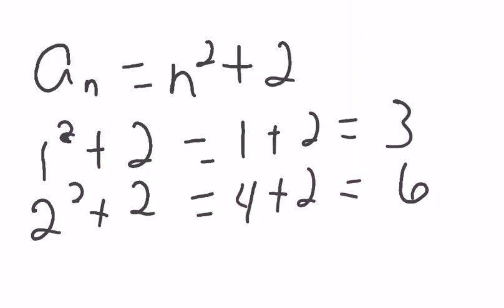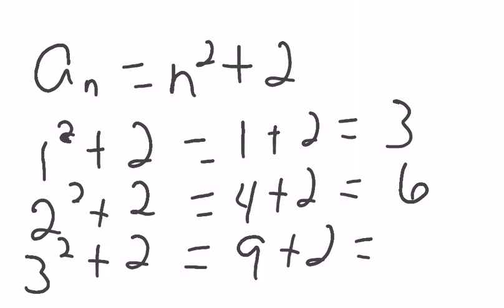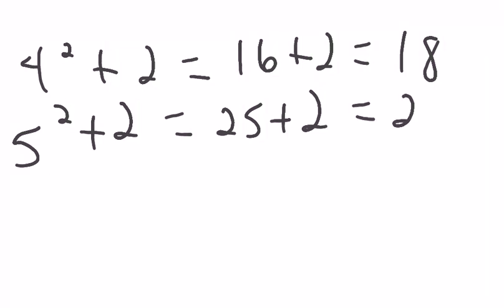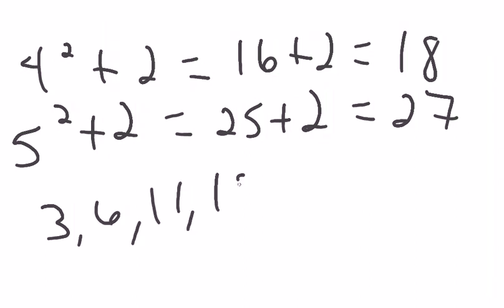So the second term is 6. 3 squared plus 2 means I have 9 plus 2, which is 11. 4 squared plus 2 is 16 plus 2, which is 18. That's the fourth term. And then 5 squared plus 2 is 25 plus 2, and so the fifth term is 27. So our first 5 terms are 3, 6, 11, 18, and 27.